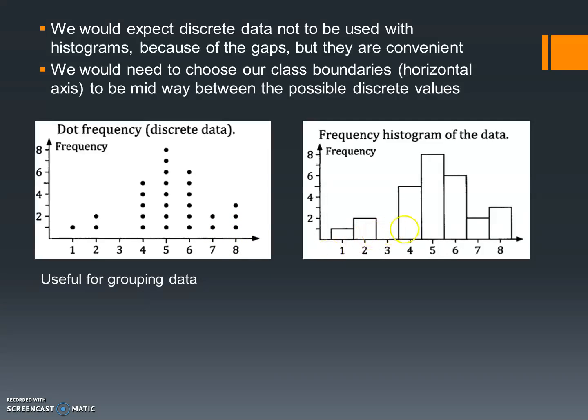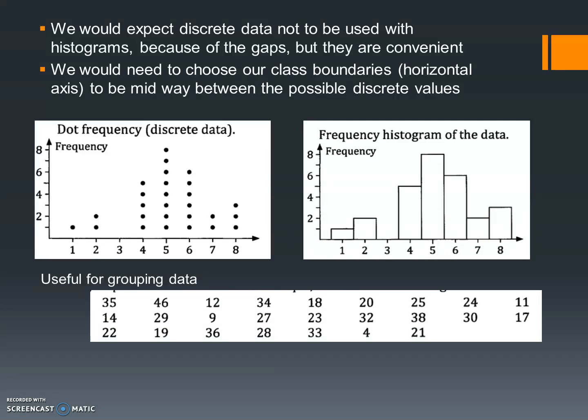It's also very useful for grouping discrete data. For example, if you looked at this data, which represents 25 scores, no scores are repeated. If we were to display the scores as a frequency table or as a dot frequency graph, we'd have 25 scores shown, each with a frequency of 1, which wouldn't be very useful or tell us anything.